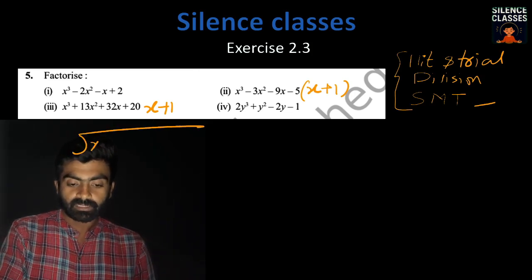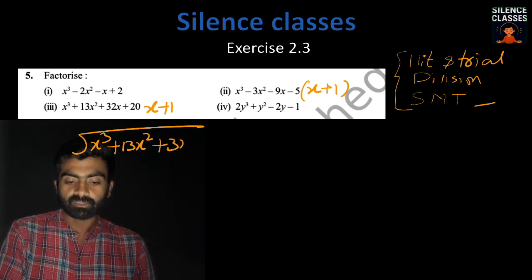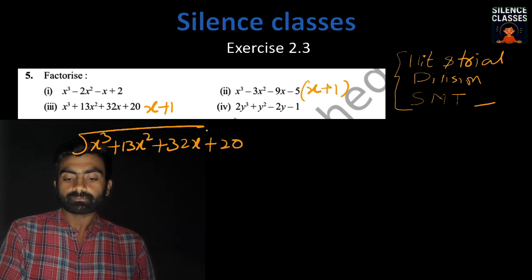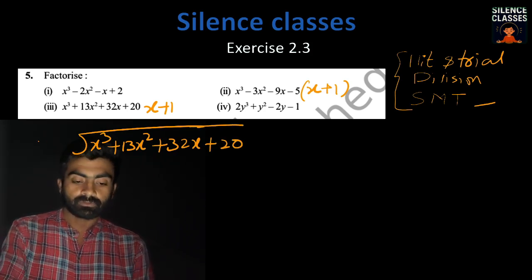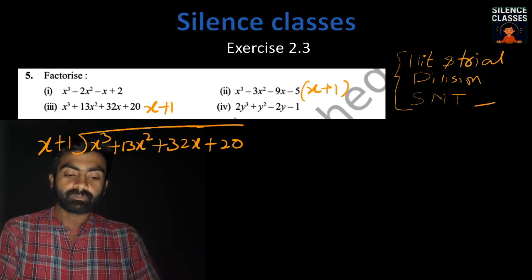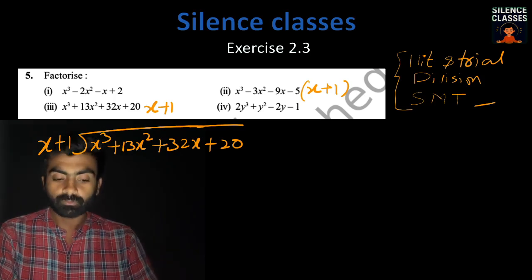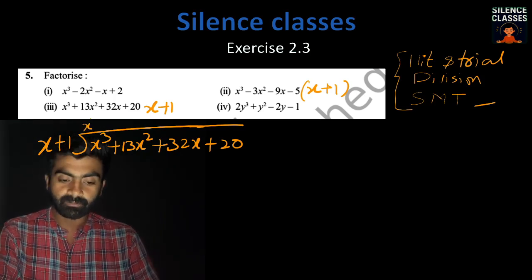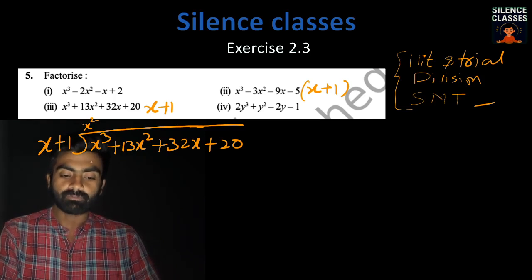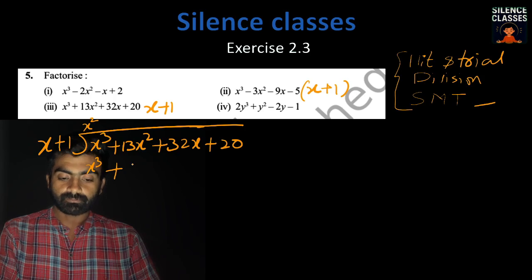So x cube plus 13x square plus 32x plus 20 divided by x plus 1. Now let's multiply it by what we want, x cube, so we will multiply it by x square. If I multiply it by x square, we will get x cube plus x square.